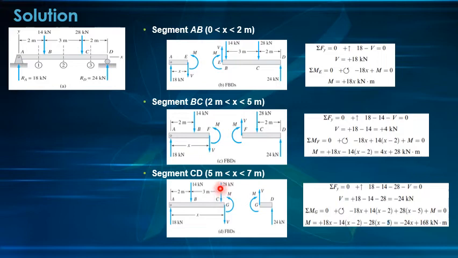Plus this one, because it is counterclockwise again, 28 kilonewton. What is the distance? We have x minus 5. That is the distance of this 28 kilonewton to the cutting plane, plus your moment. Counterclockwise, so it is positive, and that is equal to 0. And we will arrive at the equation negative 24x plus 168 kilonewton meter.